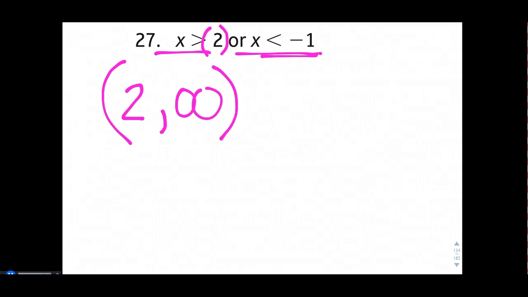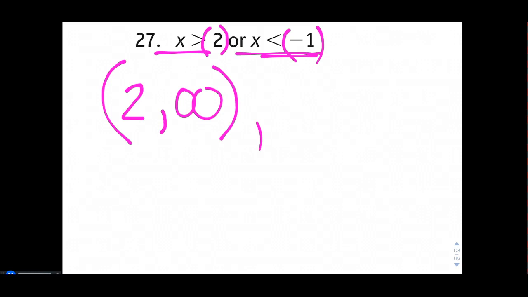Okay, so x is less than -1. Does the -1 get a bracket or a parenthesis? Parenthesis. It goes on and on forever to infinity or negative infinity? How do you know that it goes to negative infinity? Because it points towards my desk.